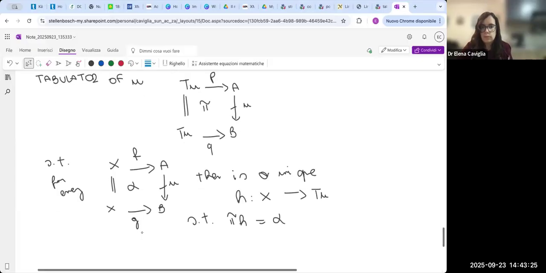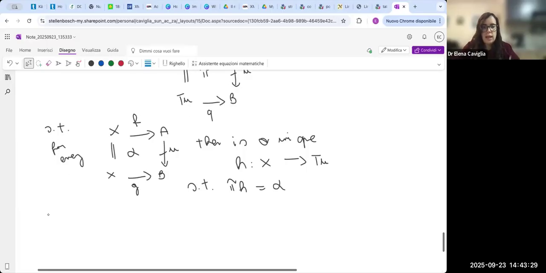So this is the one-dimensional universal property, let's say. And then there is an additional double universal property that is quite complicated to write down. That is called the tetrahedron property.